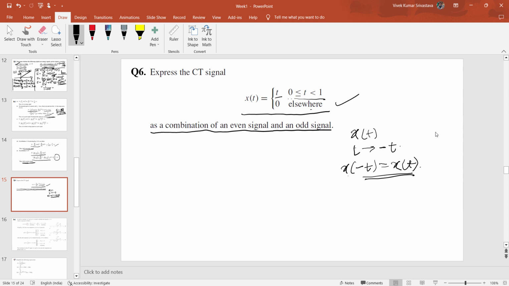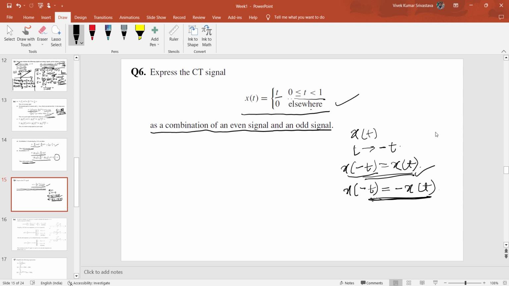Whereas for an odd signal, once you put t as minus t, you will get minus x of t. Basically this represents anti-symmetry.